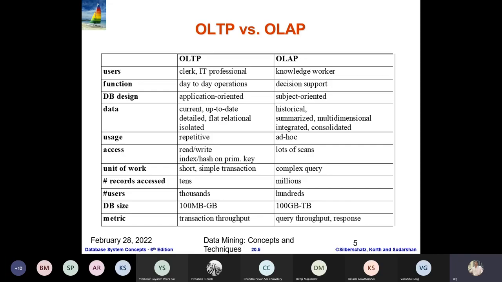So data size is enormous, and the metrics are transaction throughput, etc. Here also we'll see query throughput, and different other metrics that come into play. Even if we have prediction and other types of things, which are goals of data warehousing, data mining, and OLAP, accuracy and other things come into play.